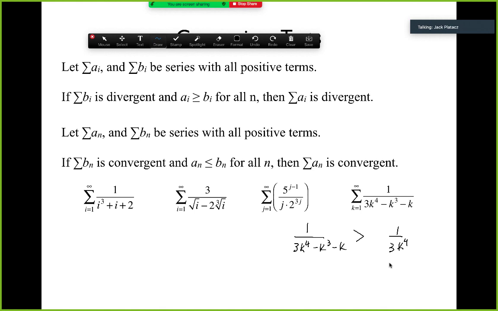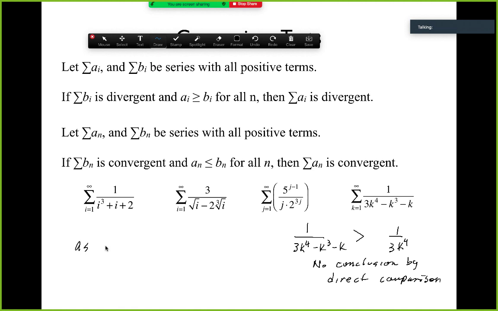Doesn't prove anything. Right. So that should make sense. If this converges and I have a bunch of terms that are bigger than the terms of a series that converges, there's no conclusion by direct comparison. Okay? But what we can do is think about this as a rational function and think about, okay, what's going to happen when k gets really, really large?